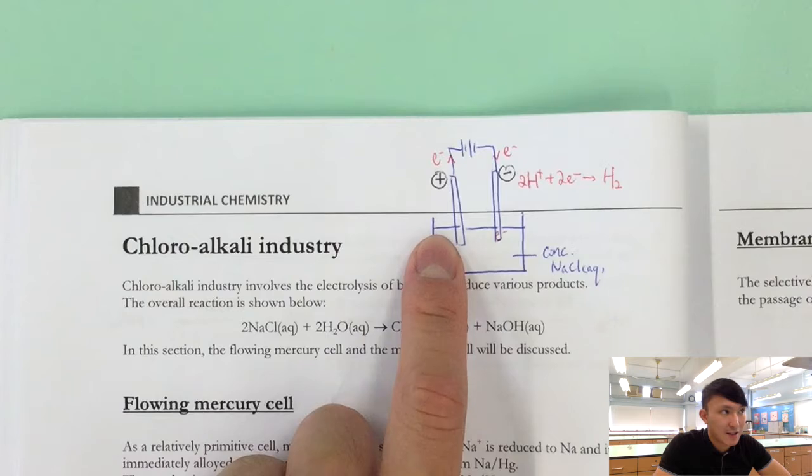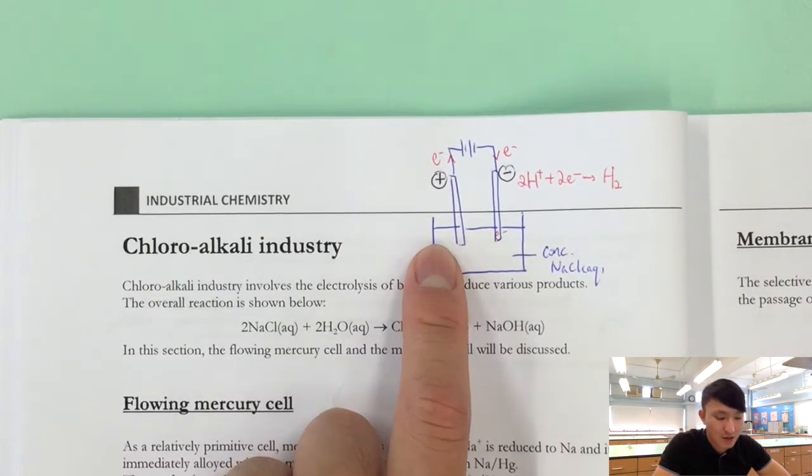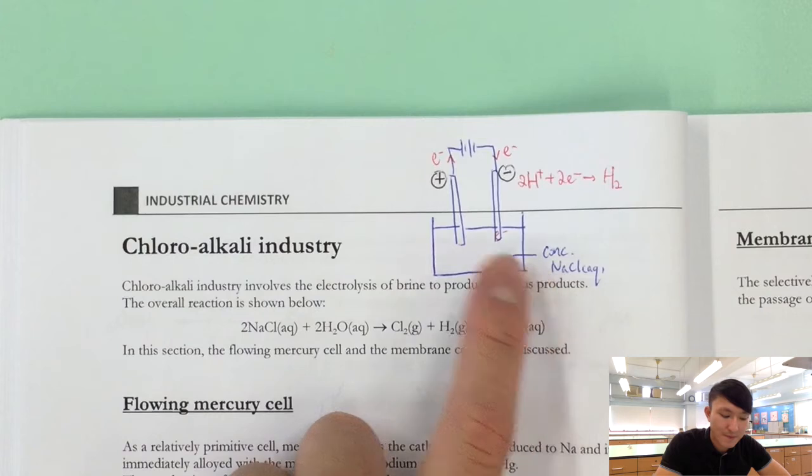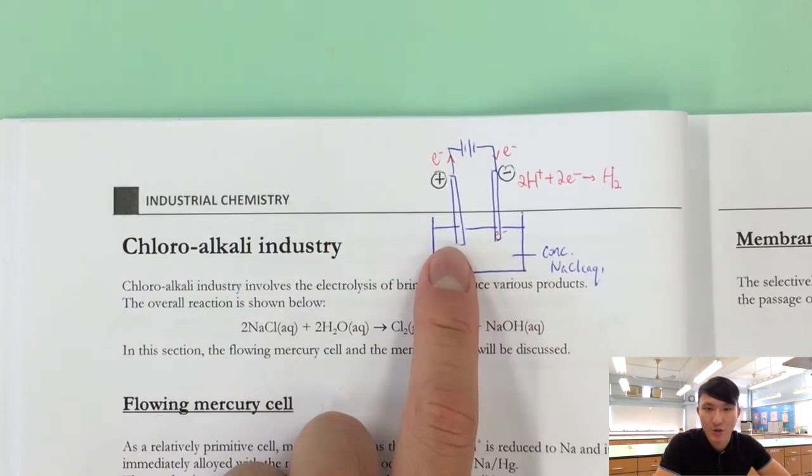Here it is a positive electrode, so of course it will attract negative species. In this case, we are looking at either hydroxide ion or chloride ion. If you remember the electrochemical series, hydroxide ion is a stronger reducing agent than chloride ion.